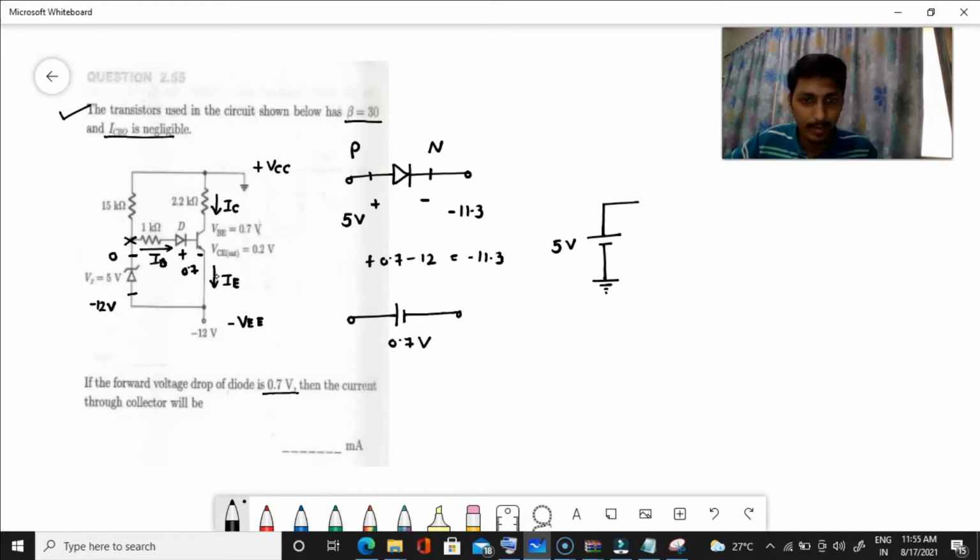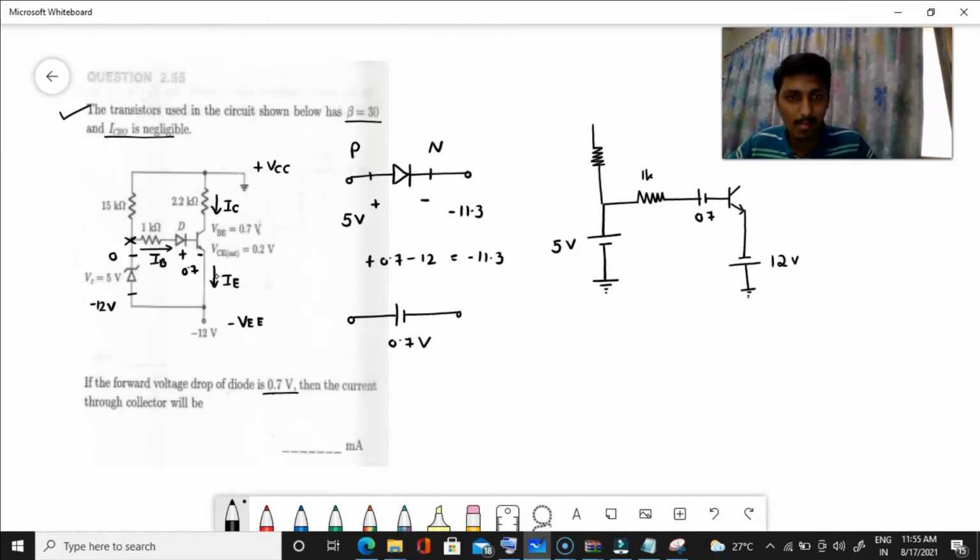Plus 5 volt, 12 volt, 1k, 0.7 here, 15k, as the VCC is grounded.